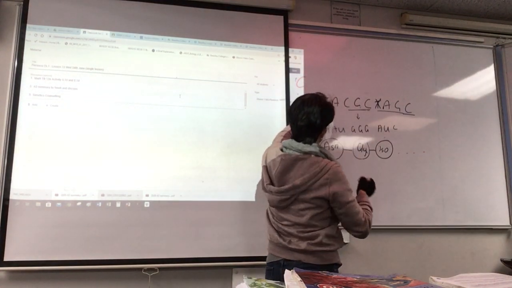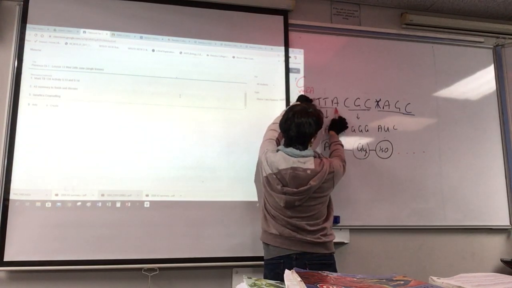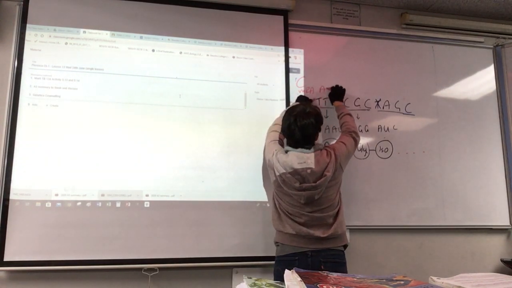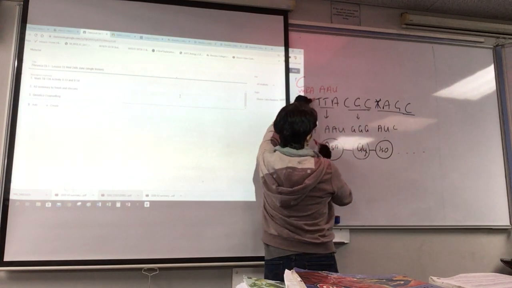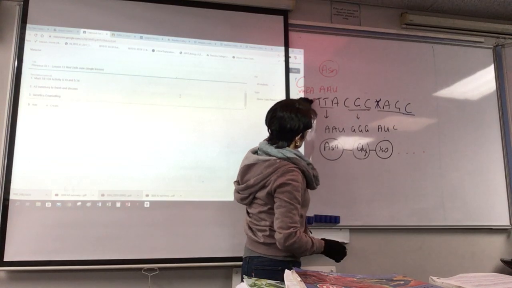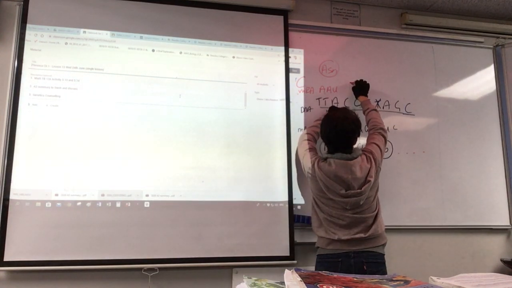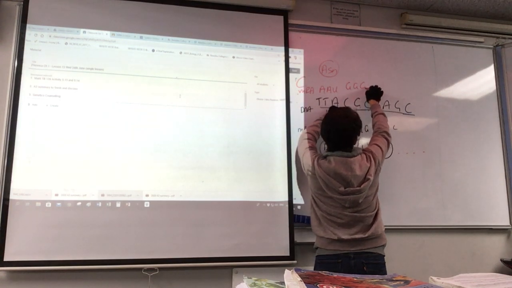Once again, for the mRNA, the first one will stay the same. TTA on DNA will still be AAU on mRNA. ASN, the asparagine amino acid, is still brought in. This one is still the same, and glycine will still be brought in. You might be asked to write down the mRNA.